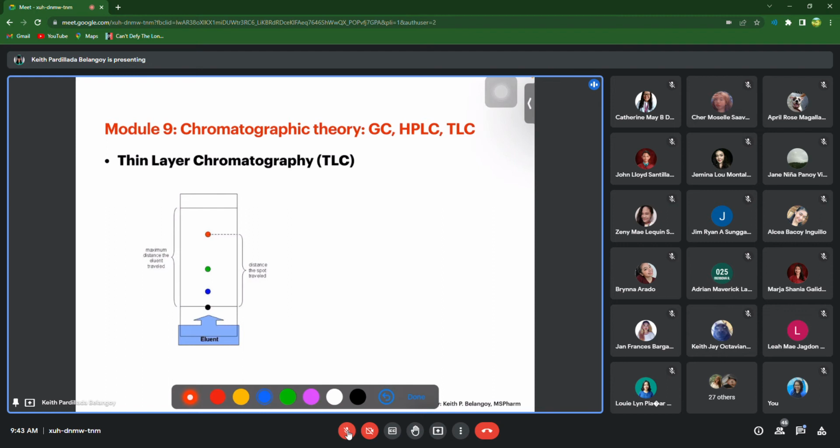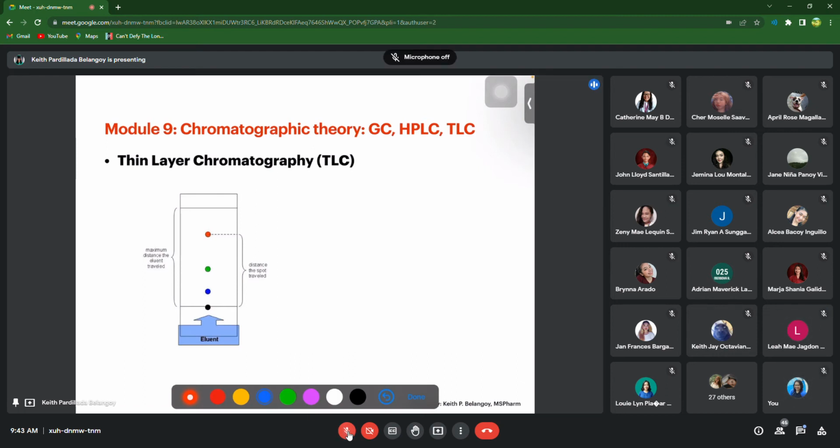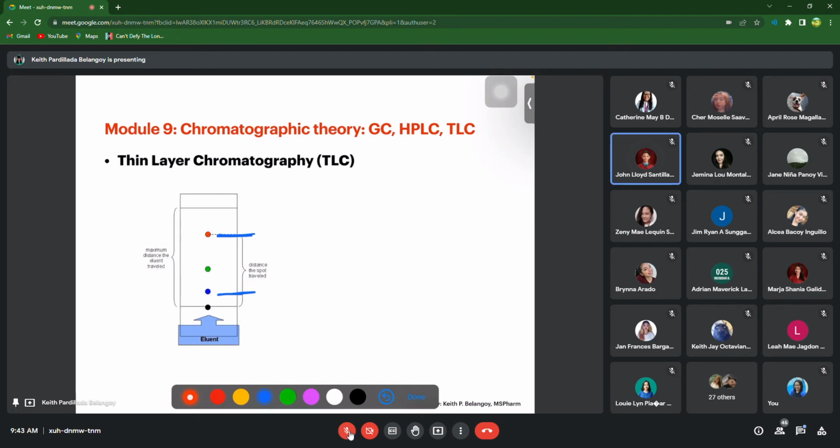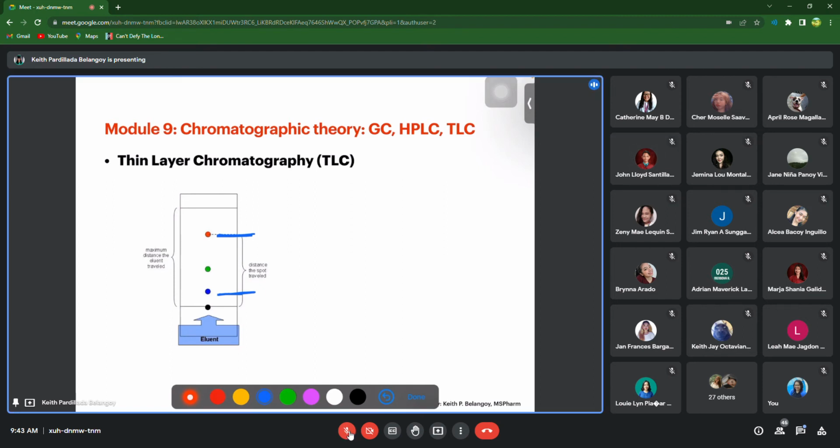When you did your experiment, were there components that separated first and remained behind? Yes, ma'am. So, what were you able to conclude? Were you able to know why the red is far, for example, and why the blue is near? Were you able to explain and justify these things?